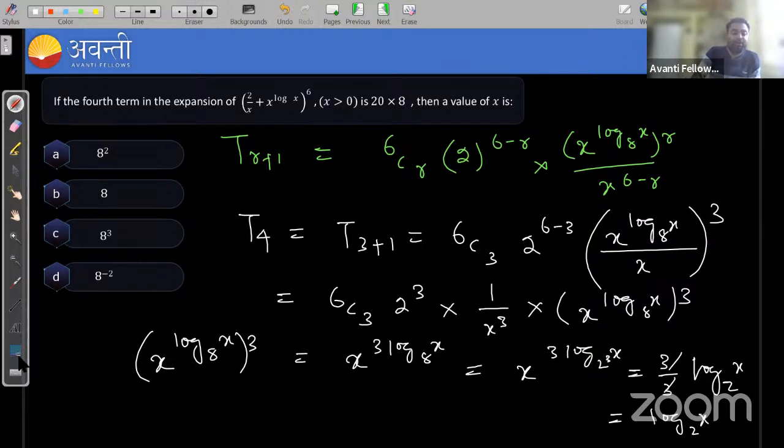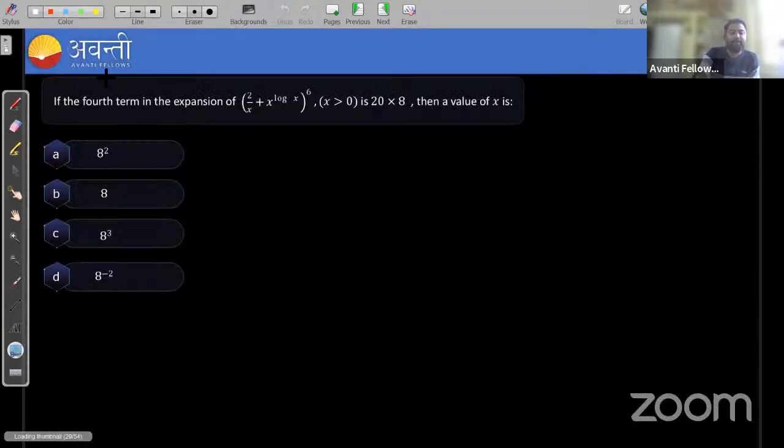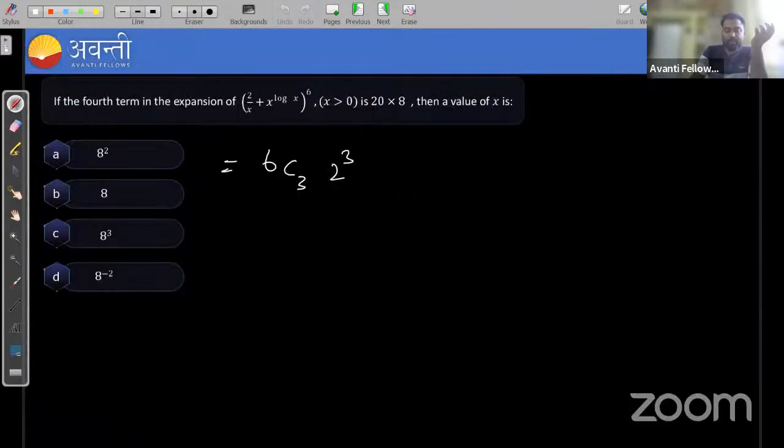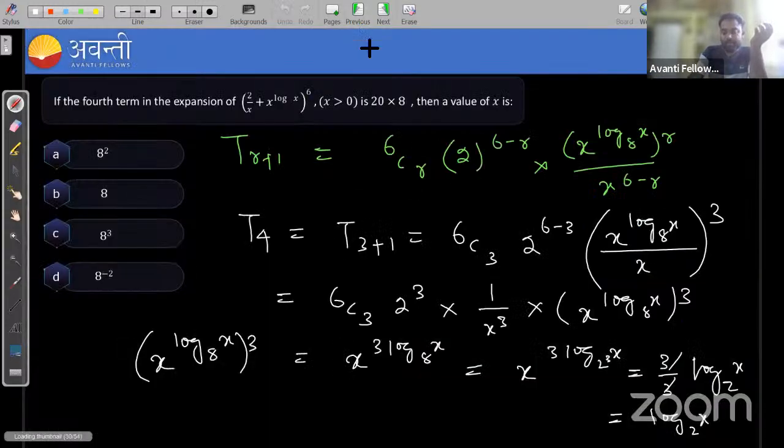Now if we solve this, we have 6C3 into 2 to the power 3 into 1 by x to the power 3 into, finally, log of x to the base 2.